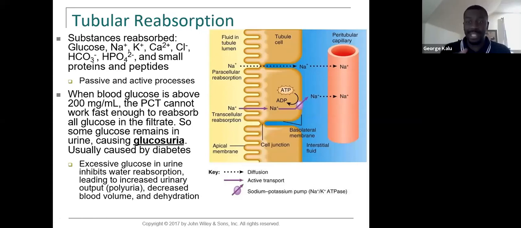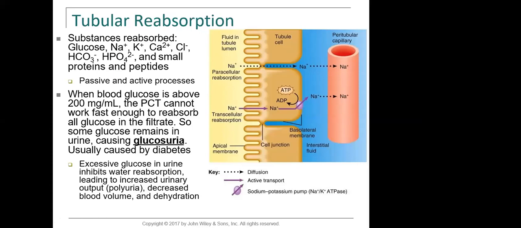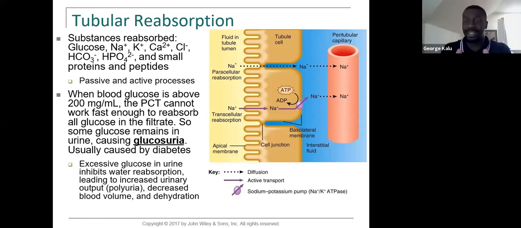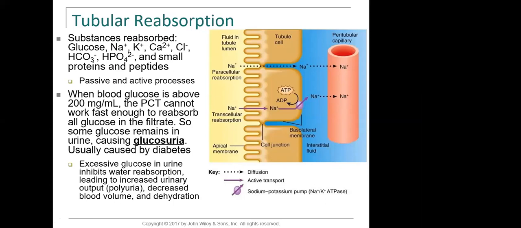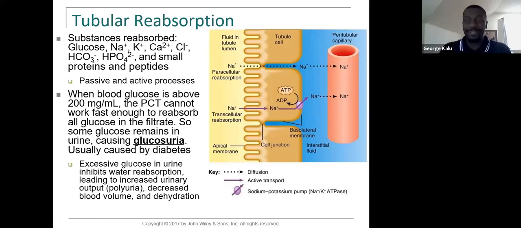Okay? And if the urine tasted sweet, then they knew there was a high level of glucose in their blood, which caused them to have a high level of glucose in the urine. So luckily we've come a long distance from that. But that was essentially how doctors, way back in the day, used to diagnose diabetes.